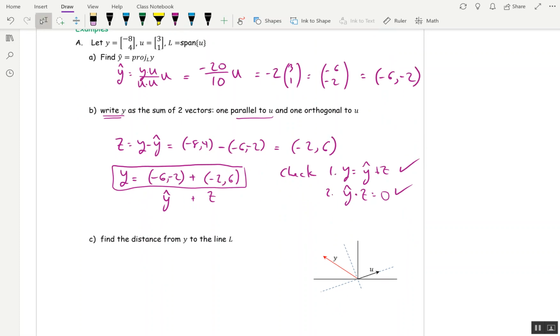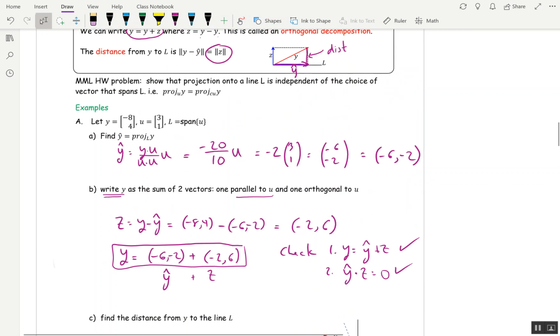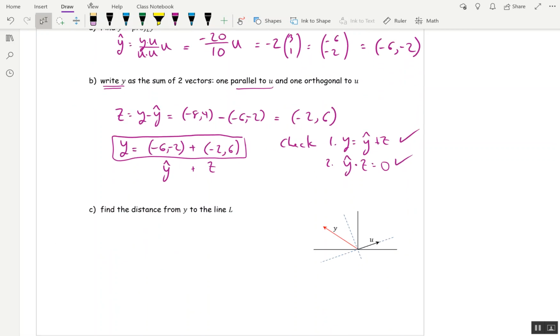Here's y in red. U is the line spanned by 3, 1. So here's u, and the line spanned by u is dotted there. Y hat is -6, -2. So this is my y hat, and it is indeed parallel to u. It's just pointing in the opposite direction. And then z is -2, 6.